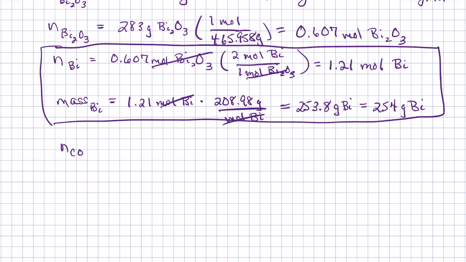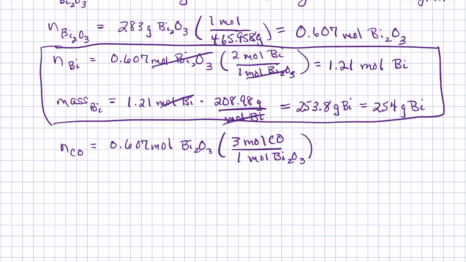It's going to be this 0.0607 moles of bismuth oxide, and our mole ratio is 3 moles of carbon monoxide per 1 mole. And so for carbon monoxide, we're going to get 1.82 moles.